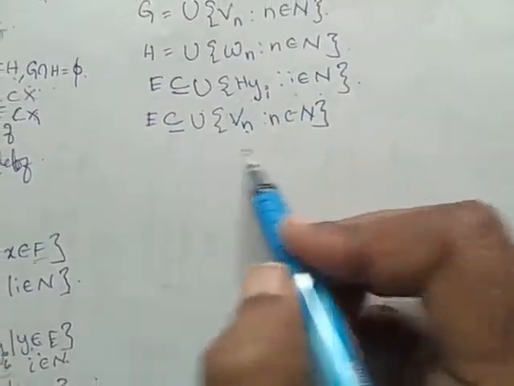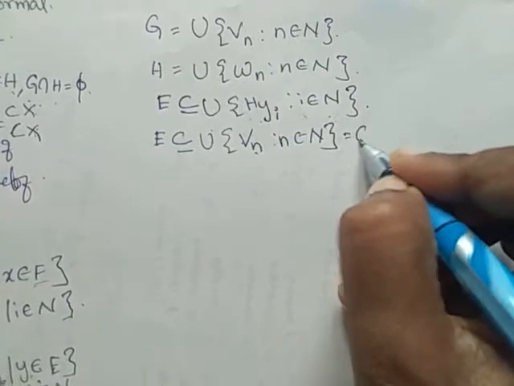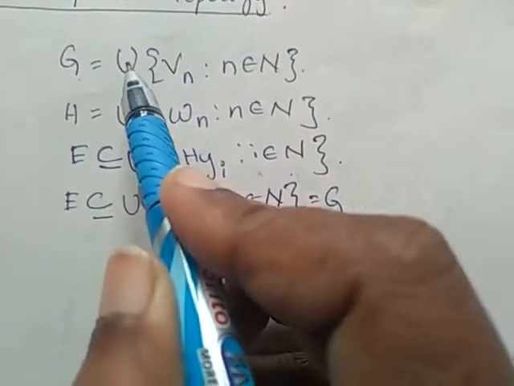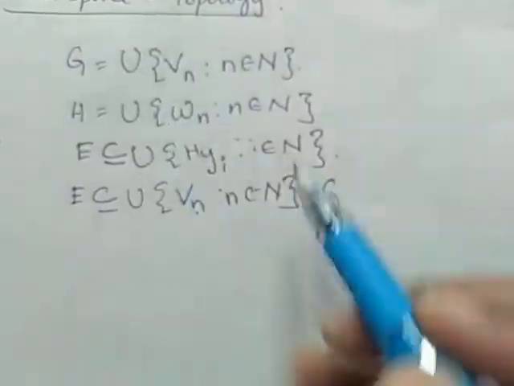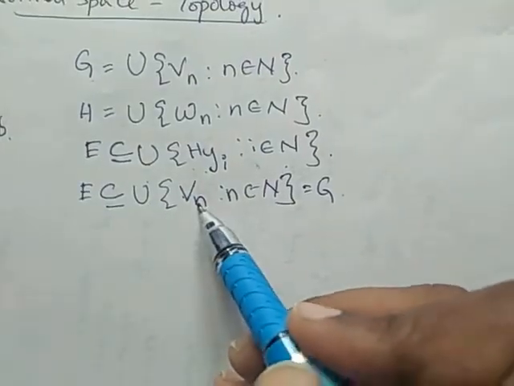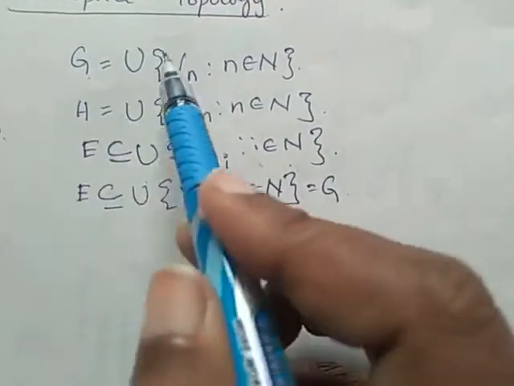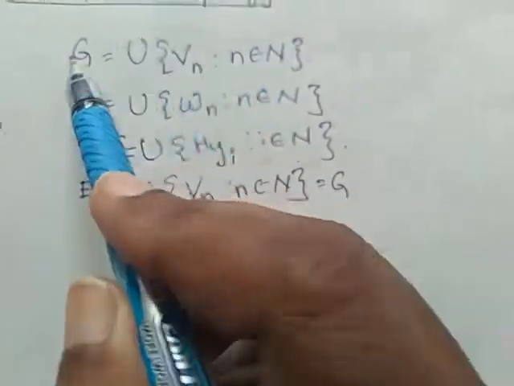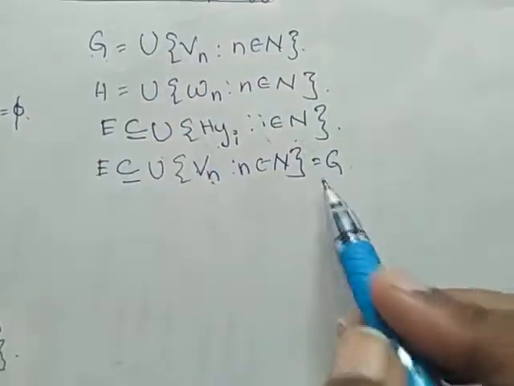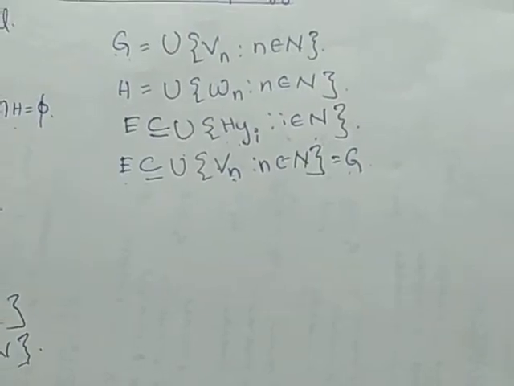This is nothing but our G, because G is union of Vn. We can keep union of Vn as it is, but for simplicity, I am defining union of all Vn as another open set G. So, E is a subset of G.